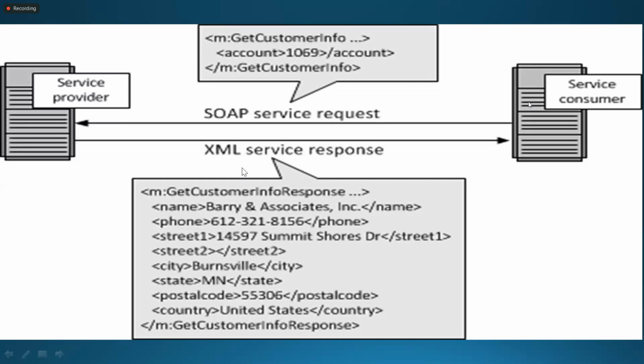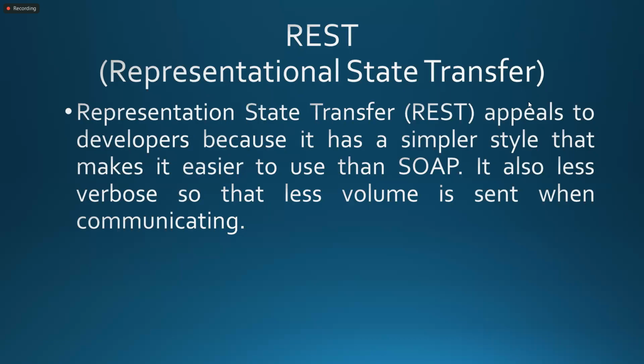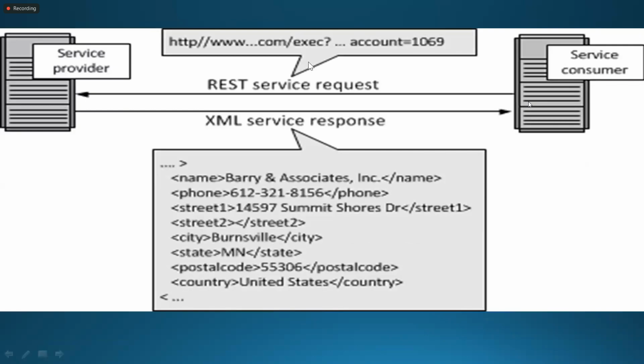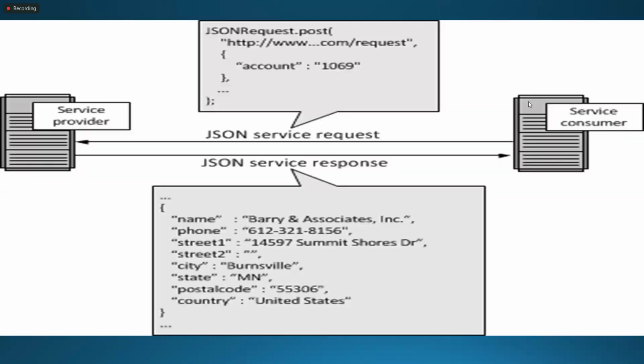Another one is REST, Representational State Transfer. In that, the request will be a simple query and the response will be in XML. The third one is JSON. Here the request will be JSON, and the response will also be JSON.